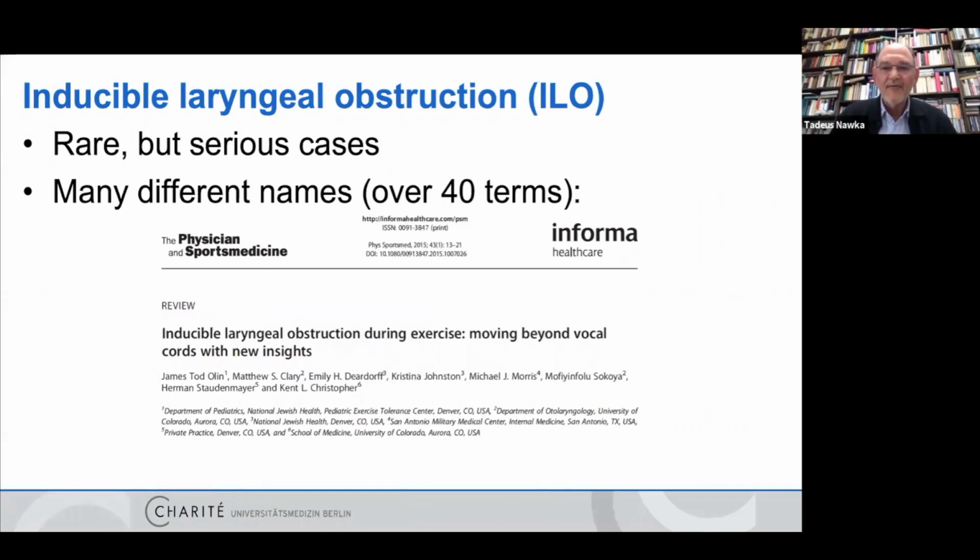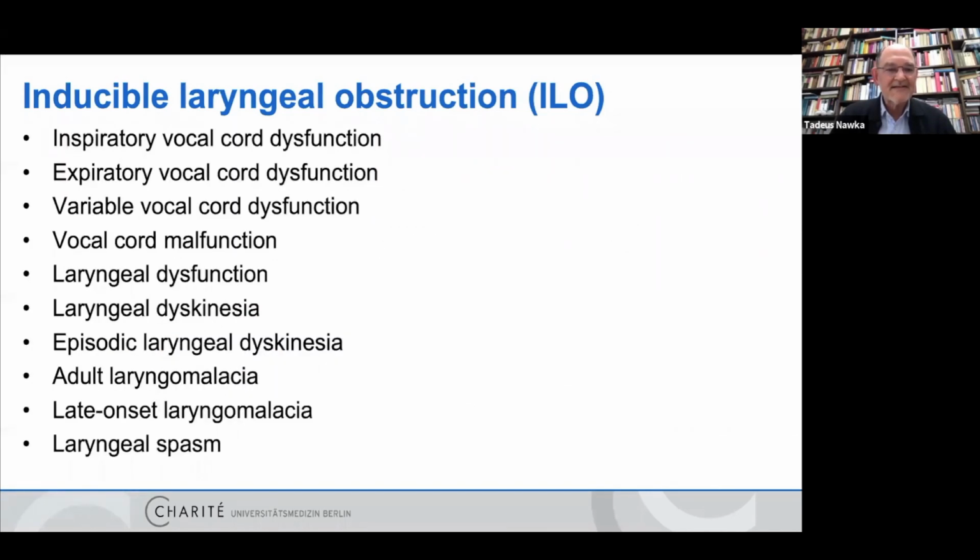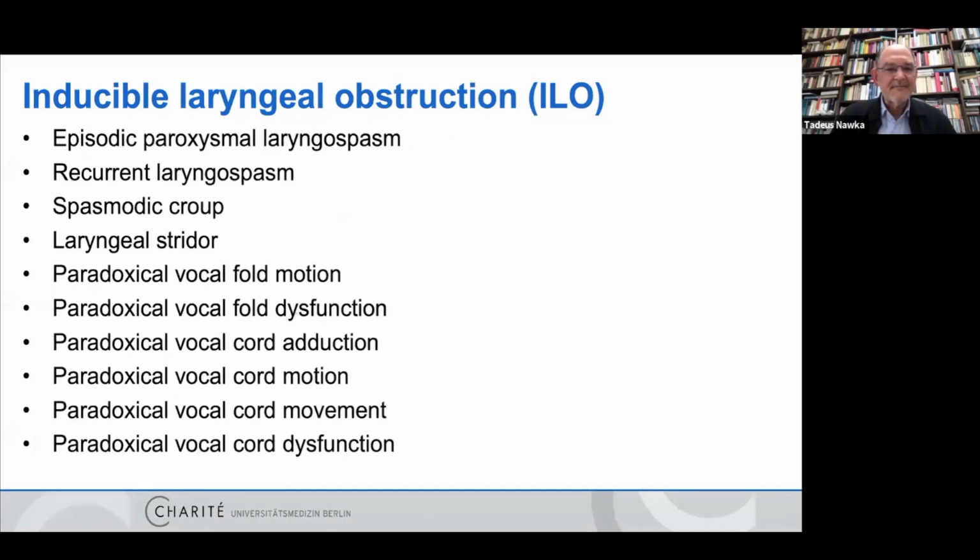There are over 40 terms, and just to give you an idea how they may be called, I will show you the next 3 or 4 slides where you see that there's always something like vocal cord dysfunction, dyskinesia, or spasm, or stridor, or vocal fold dysfunction, vocal fold motion, and so on.